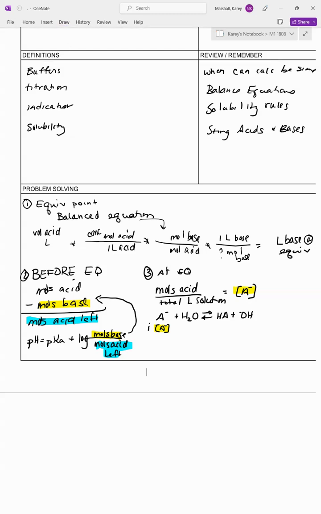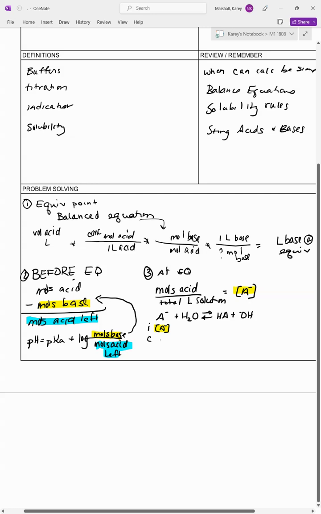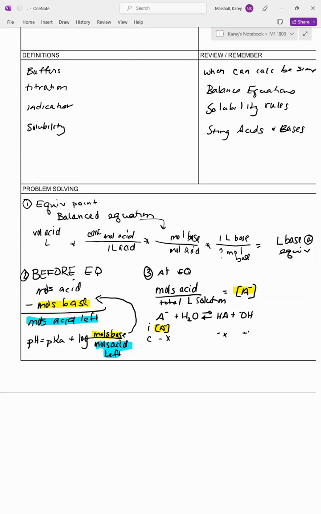Then we'll have some change where we take some value x away from A-, and we add a value x to both of the products, so that at equilibrium we have A- minus x, x, and x. Now, this is a base equation, so we need the Kb, and you might want to define Ka versus Kb. And there is an equation up here as well: Kw should be equal to Ka times Kb.